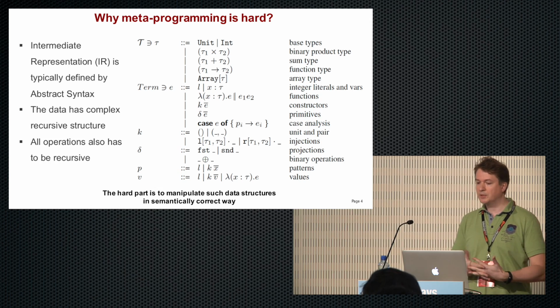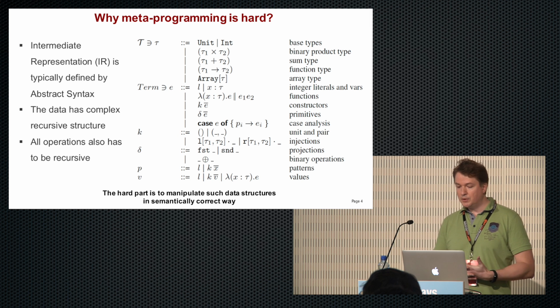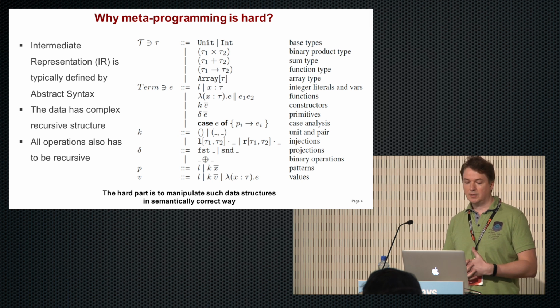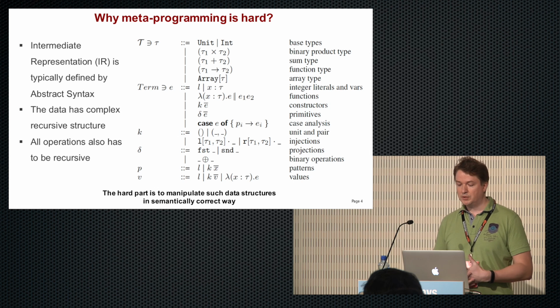So why metaprogramming is hard is because we usually deal with very complex data structures which represent the program. So this is abstract syntax of some language which is defined by recursion on types. So you can see this recursion on types, and also recursion of terms and different kinds of constructors which we can use, some multitude of primitives and pattern matching and so on.